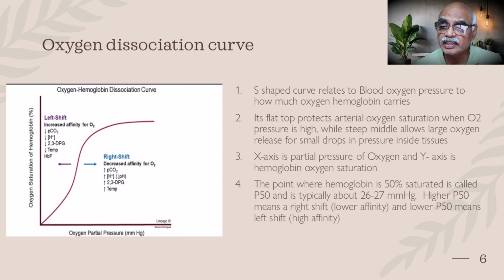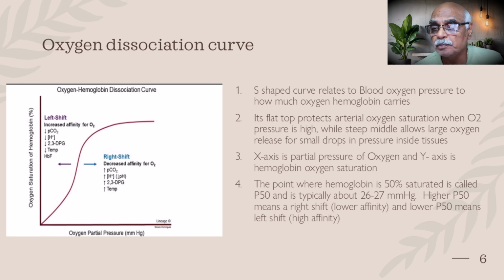If the P50 is at a high level, it indicates the shift has occurred to the right. In other words, the hemoglobin has lower affinity for oxygen. What does this cause? This causes release of oxygen into the tissue.